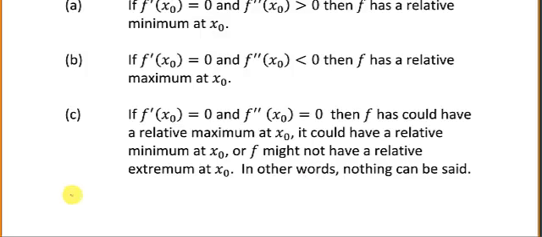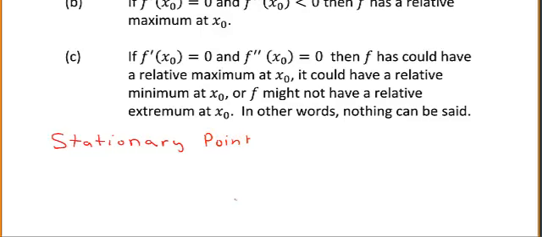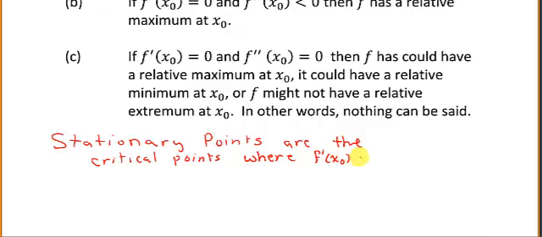One thing maybe I should say is that your book also defines what's called a stationary point. The stationary points are the critical points where f prime of x0 is equal to 0.